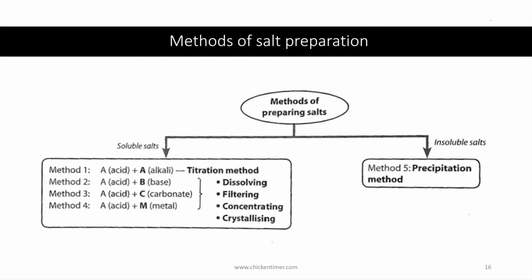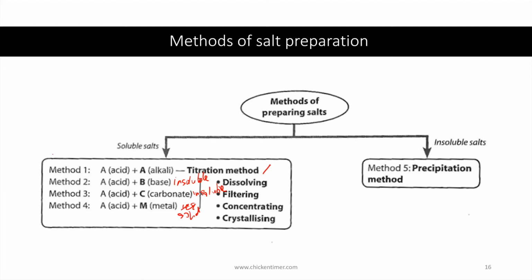So for salt preparation, you have 1, 2, 3, 4, 5 methods. You told me about titration, which is the first one. Then you have acid plus bases, where this is insoluble, and this is insoluble, and the metal is obviously a solid. Then the last one is precipitation.